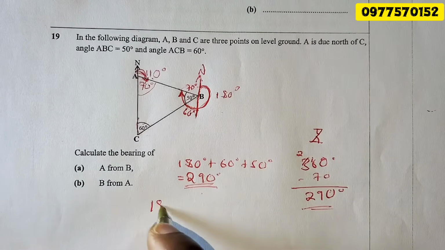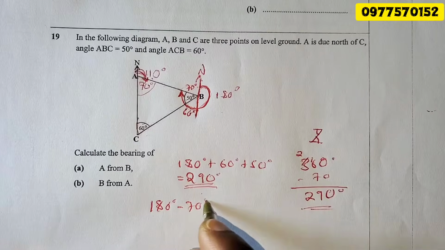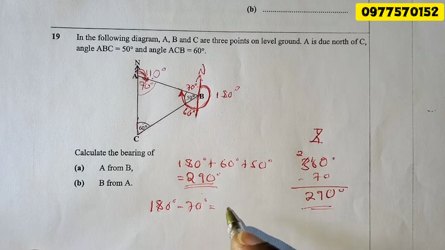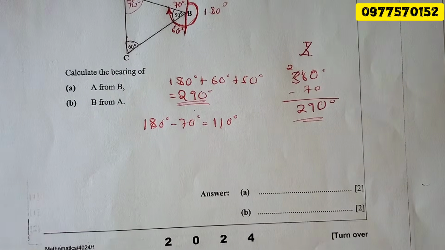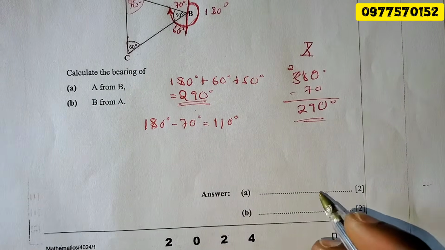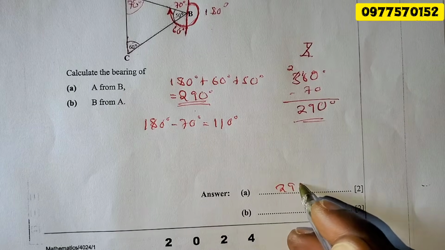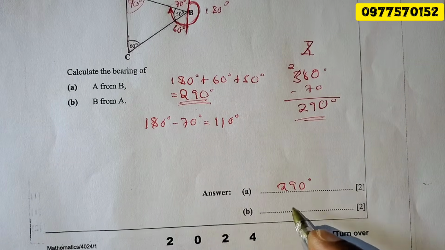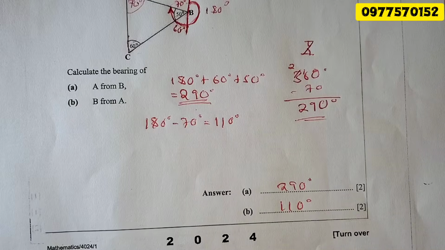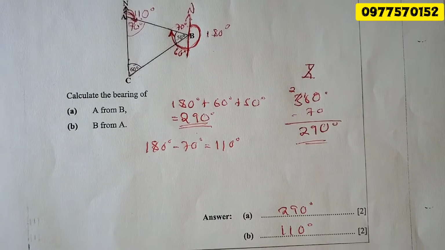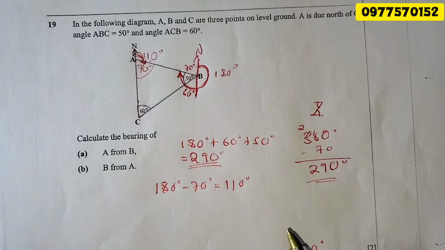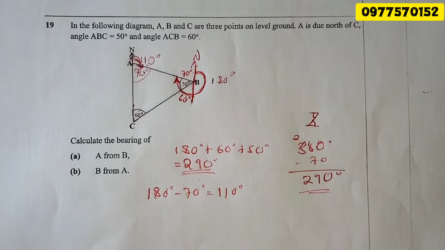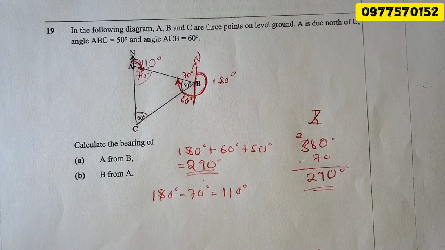So let me just say 180 degrees minus 70 degrees, and the answer is 110 degrees for this one. So therefore, here we're going to write the final answer. Here write is 290 degrees, then here is 110 degrees. So this is how simple bearings are. Are we together? Okay. So this is the end of this question.